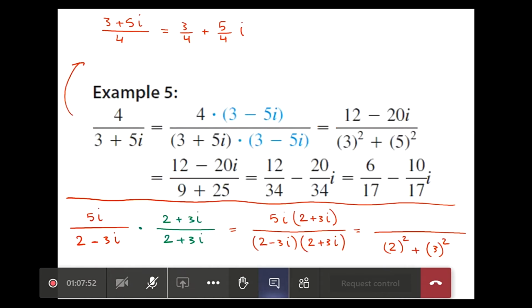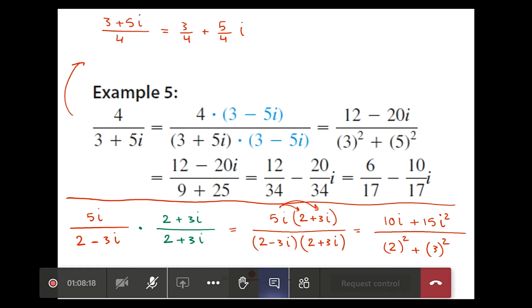Okay, now return to the numerator: 5i multiplied by 2, we have 10i. 5i multiply 3i, we have 15i square. Okay, this equals 15 times i square. i square is negative 1.